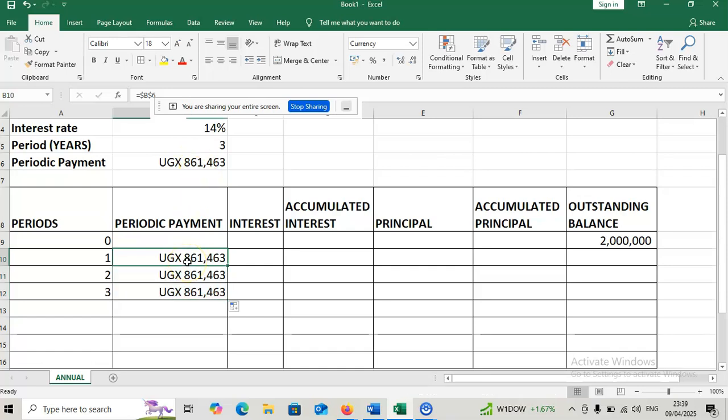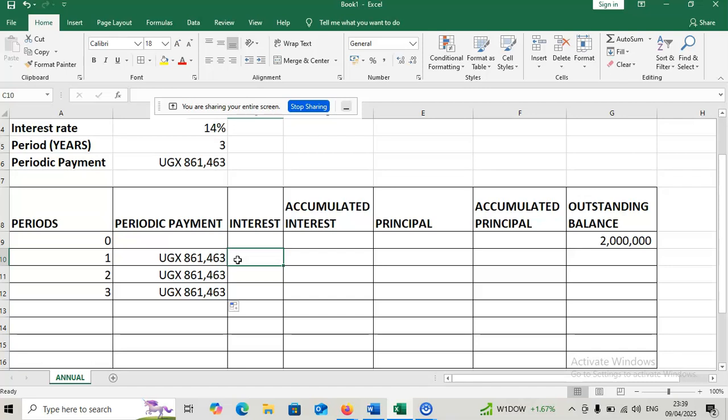Remember, periodic payment contains both the principal to repay the loan and the interest. Now if they've given you a figure that has both principal and interest, you need to know the interest in order to know what is going to recover the loan.